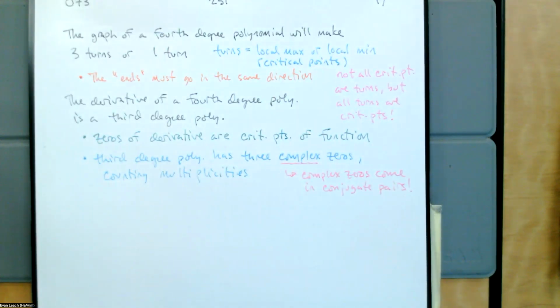So if you have one complex zero to a polynomial with real coefficients, then you have 2. And they come from the same quadratic. They'll always be conjugate pairs, A plus or minus B times I. So the complex zeros come in conjugate pairs from the same irreducible quadratic factor.